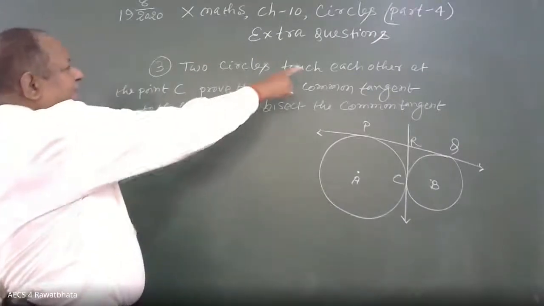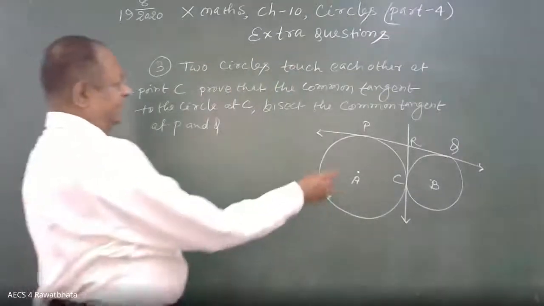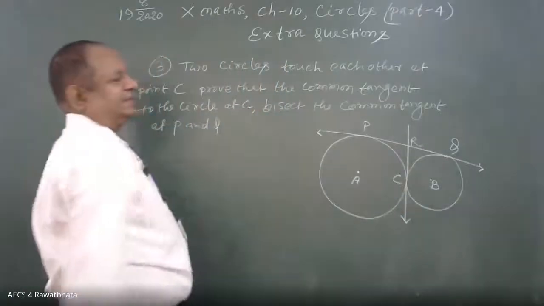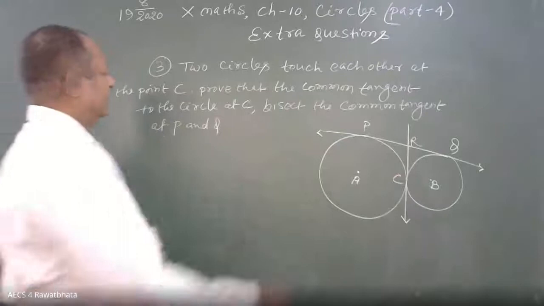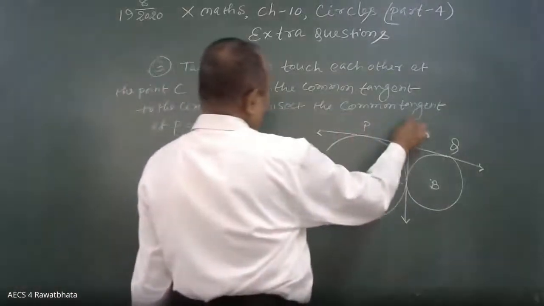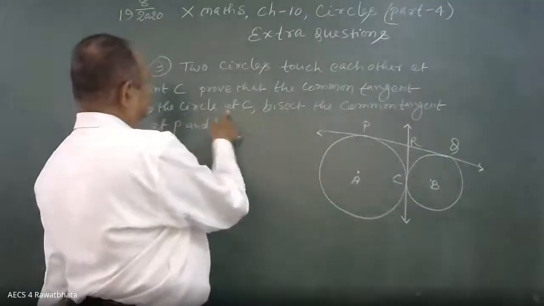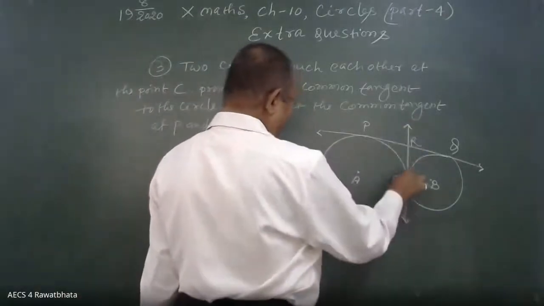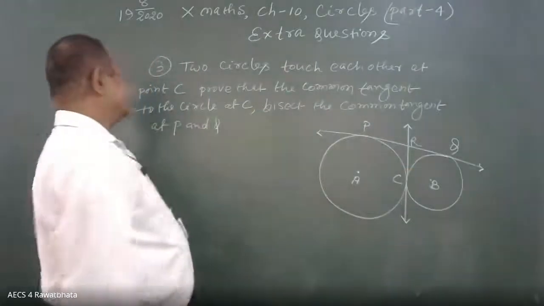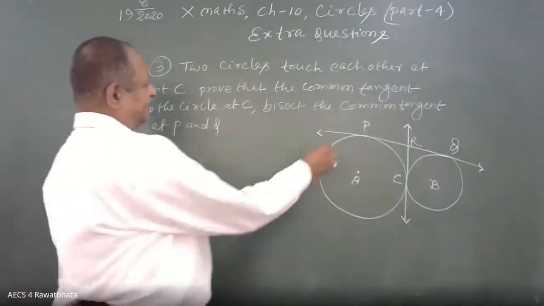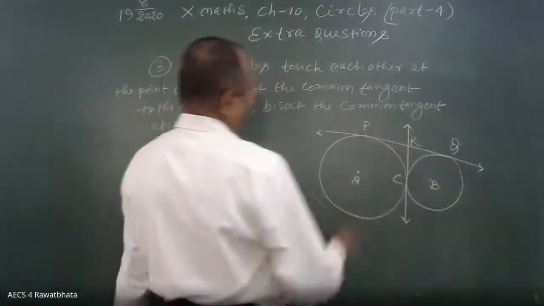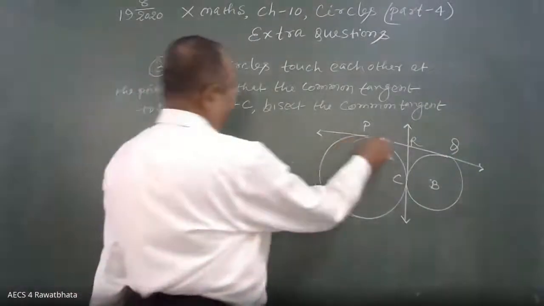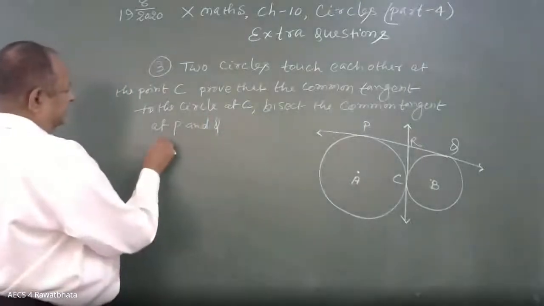So two circles touch each other at point C. This is the point of contact of two circles. This is the common tangent to the circle at C. It bisects the common tangent at P and Q. So we have to prove PR is equal to RQ.